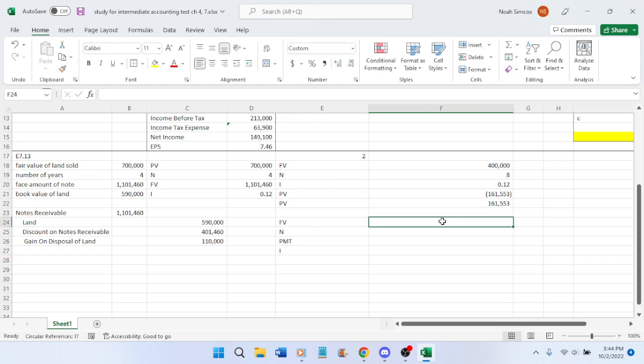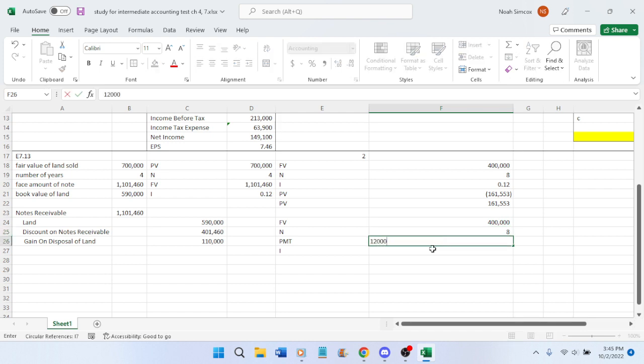The future value is 412,000. We know 400,000. What the heck? What? Oh. That was weird. Okay. The payment we know is going to be 12,000, and the interest rate is 0.12.